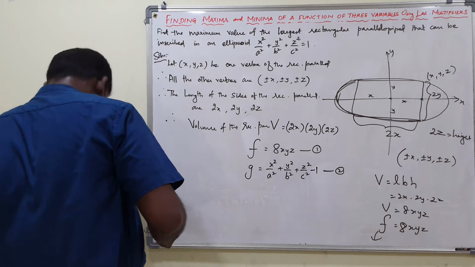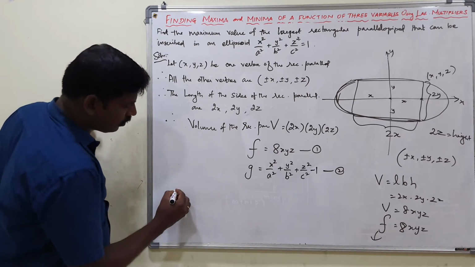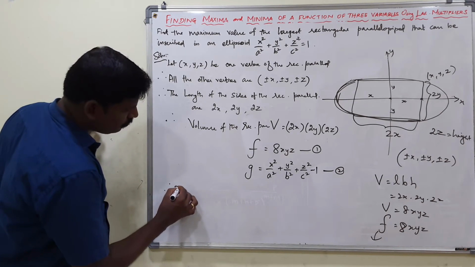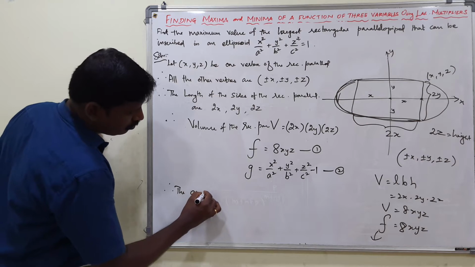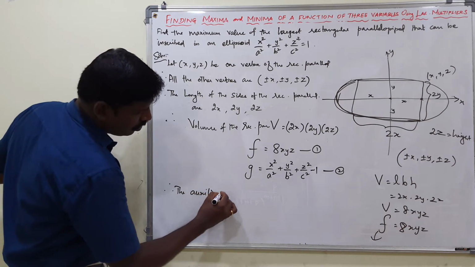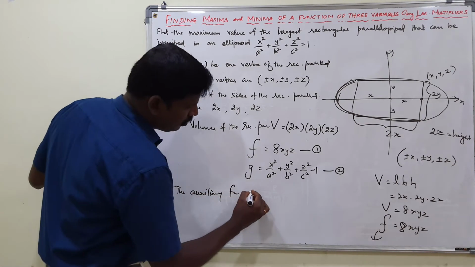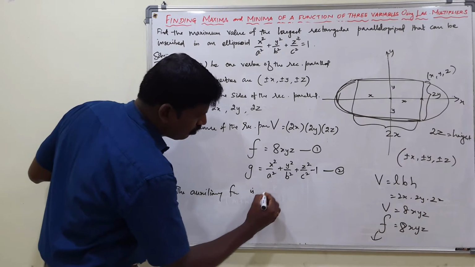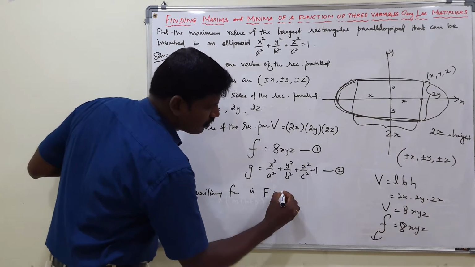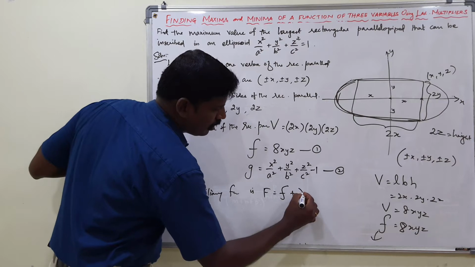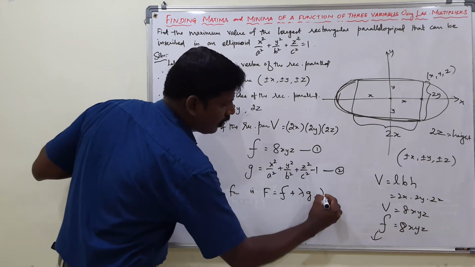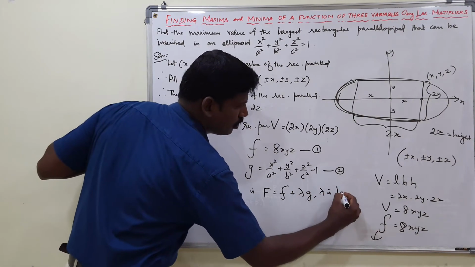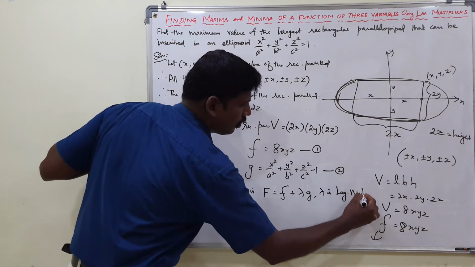From 1 and 2, I can write the auxiliary function. Therefore, the auxiliary function is capital F equal to small f plus lambda into g, where lambda is the Lagrange multiplier.